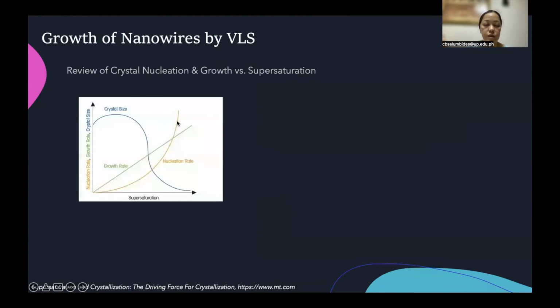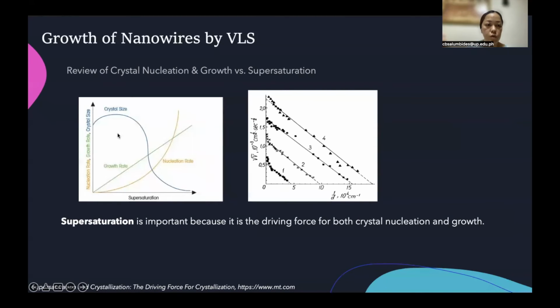To further understand the previous graph, let's have a short review of crystal nucleation and growth versus supersaturation. Supersaturation is important because it is the driving force for both crystal nucleation and growth.